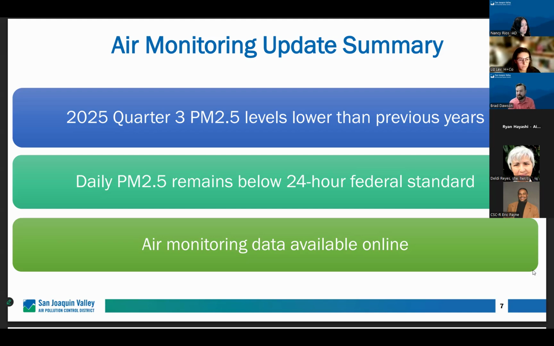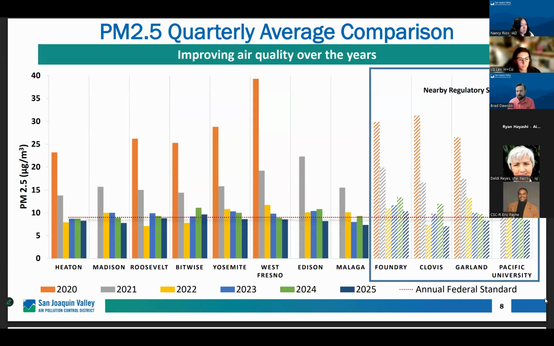And again, as I mentioned earlier, all of this air monitoring data is available on your community portal. So when you go into your community portal, you look for the handouts, the agendas, everything for this meeting. There is an air monitoring tab on that. You can click that and cycle through every one of the sites, and you'll get that data live. With that, I'm going to kick it over to Sean.